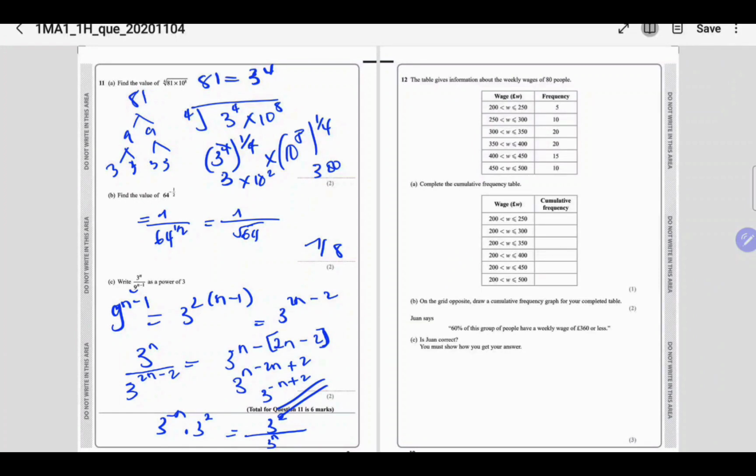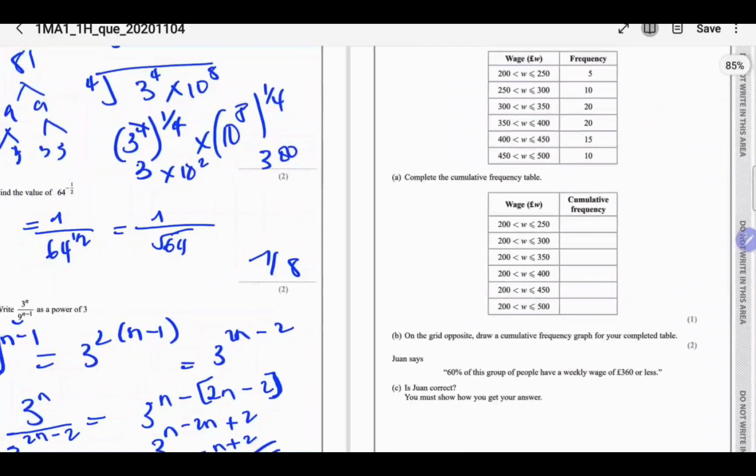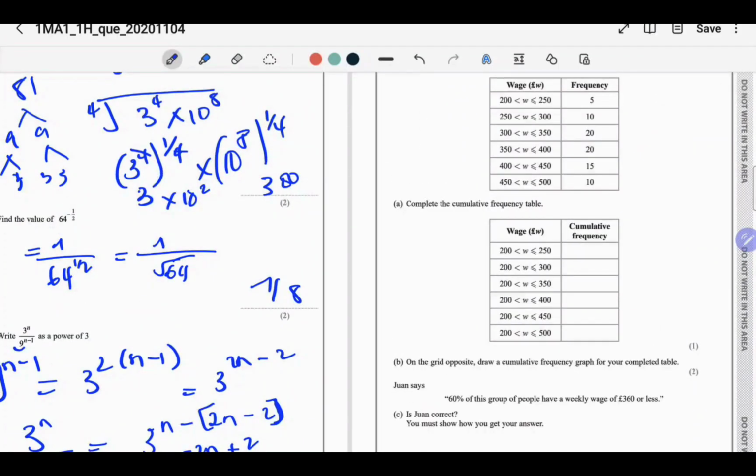Question 12. The table gives information about weekly wages of 80 people. Complete the cumulative frequency table. So, cumulative frequency would mean we need to just add these numbers up on each other.